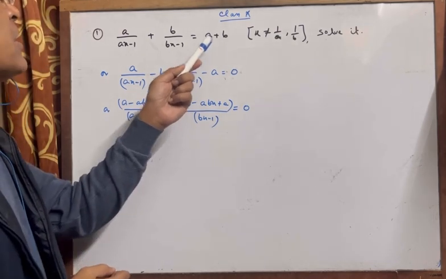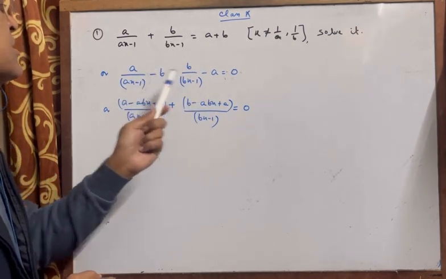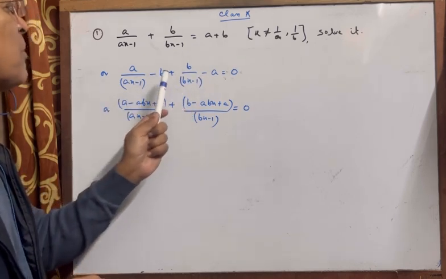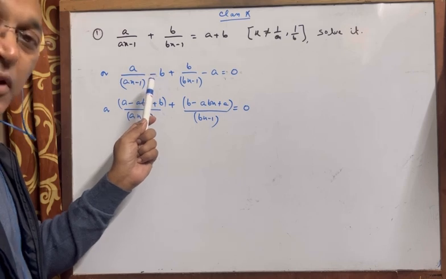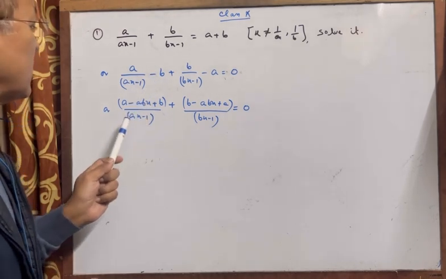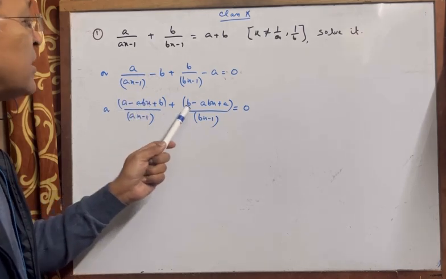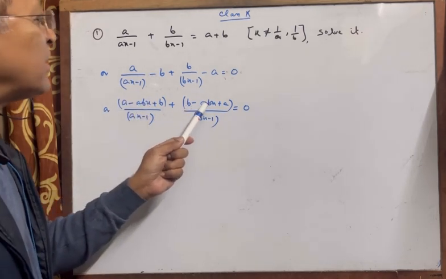After bringing b here and a here, that is minus b minus a, I did both the simplifications separately. Here I got a minus abx plus b. Here it is almost the same: b minus abx plus a.